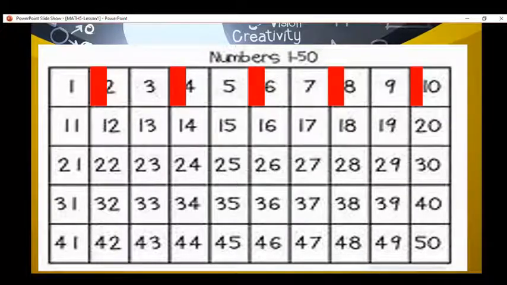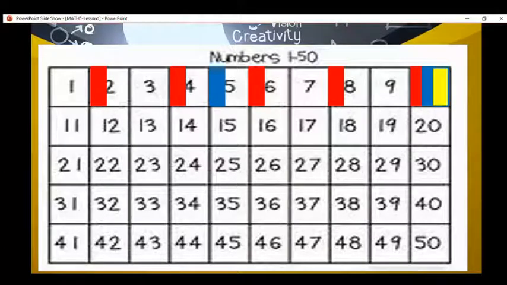How about divisible by 5? From the numbers 1 to 10, they are 5 and 10. Any other from 1 to 10? Okay, no more. How about divisible by 10? In numbers 1 to 10, the only number divisible by 10 is 10.